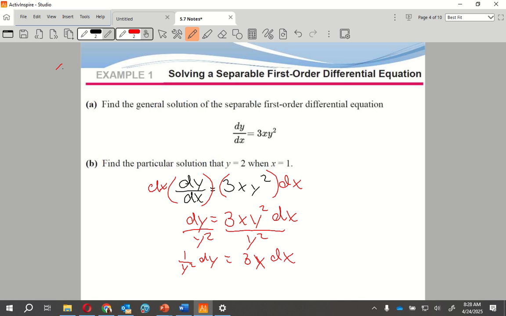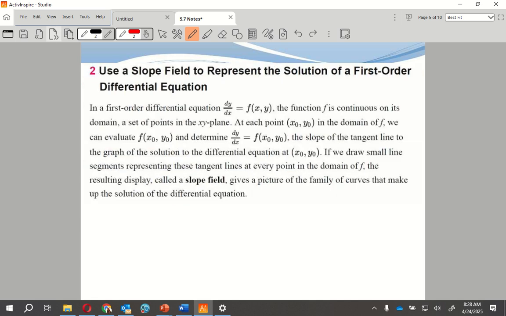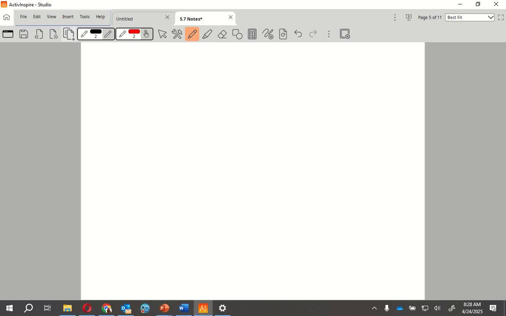So at this moment in time, all we did is some algebra. So I'm going to take the integral of 1 over y squared dy equals the integral of 3x dx.